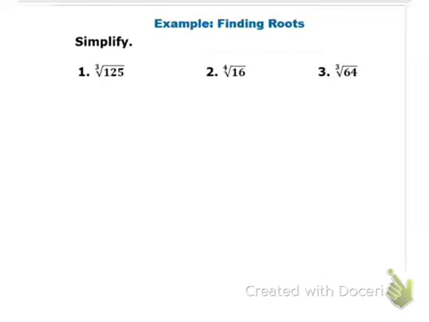So here are our first 3 examples, and we want to write these as exponents, and then we can simplify from there. So keep in mind our index here is 3. When I say index, I'm thinking back to our original statement where a to the m over n equals the nth root of a to the mth power. So that's what we're doing here.